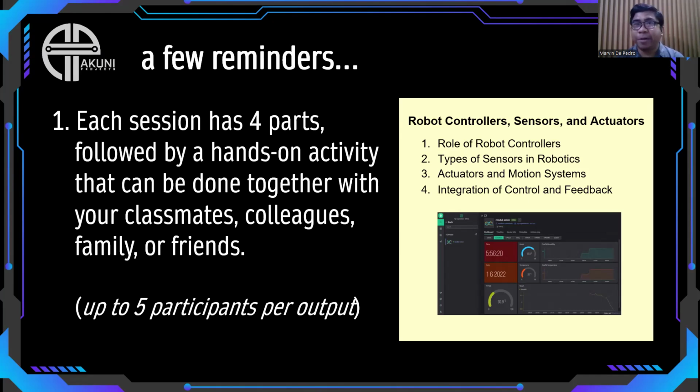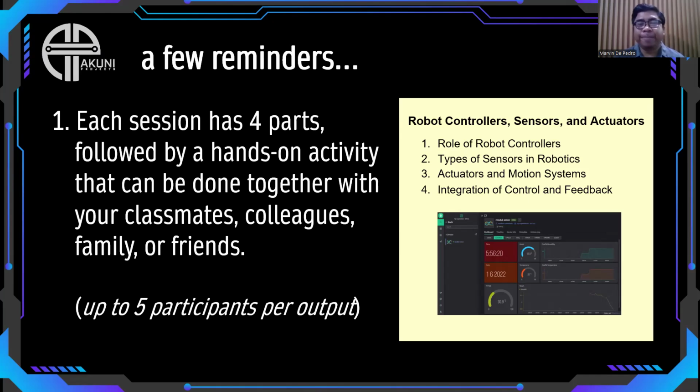So right now, specifically, we are going to talk about robot controllers, sensors, and actuators, wherein our subtopics are right here: the role of robot controllers, types of sensors in robotics, actuators and motion systems, and the integration of control and feedback. Okay, and that would be for the first part. So we're going to have an hour or less of discussion on these subtopics.